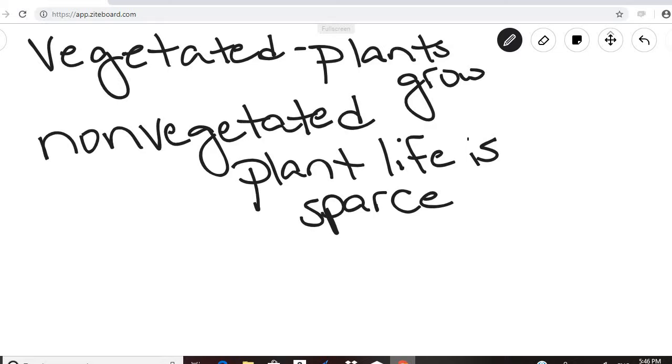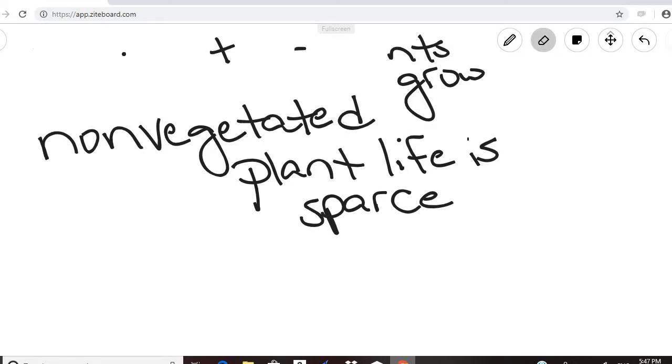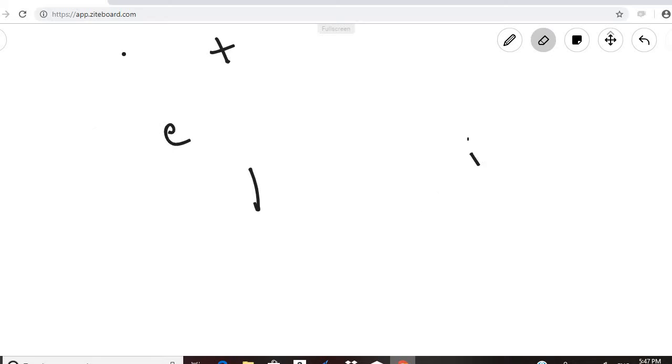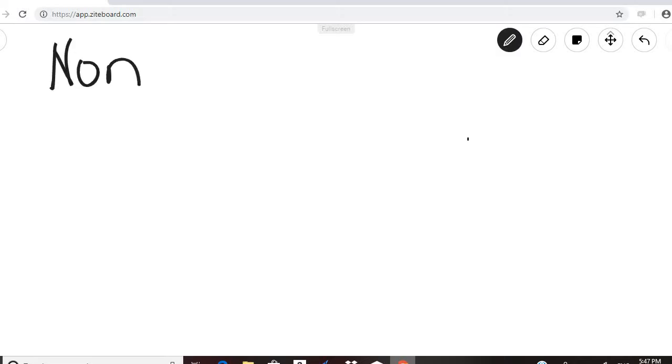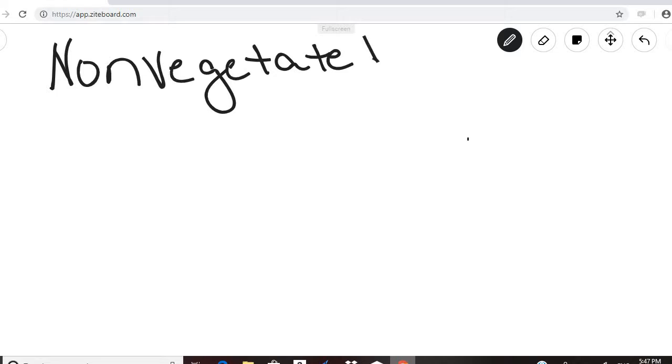So let me say a few things about this. Let's go ahead and start with the non-vegetated first. Talk about some of the organisms that might live in a non-vegetated soft bottom. So non-vegetated soft bottom.